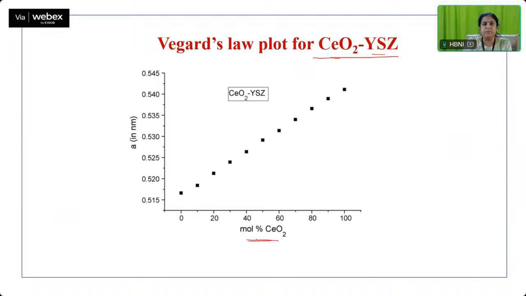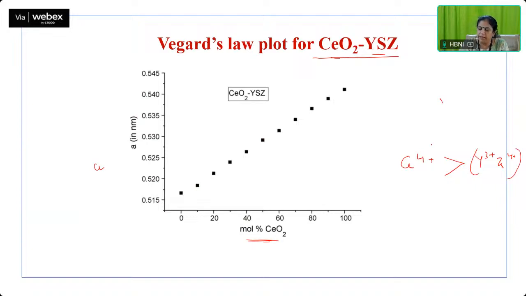With respect to the composition, I could have chosen mole percent YSZ also, that would have been the same. When I plot the lattice parameter, because it is cubic, A is equal to B is equal to C, so I plotted A. Now YSZ is yttria stabilized zirconia, so the average of Y3+ and Zr4+ for whatever composition I took.